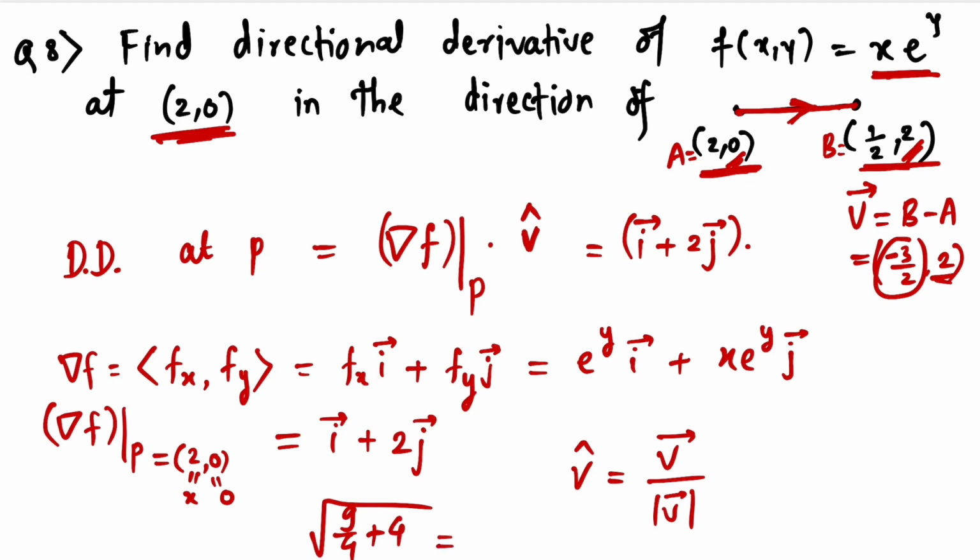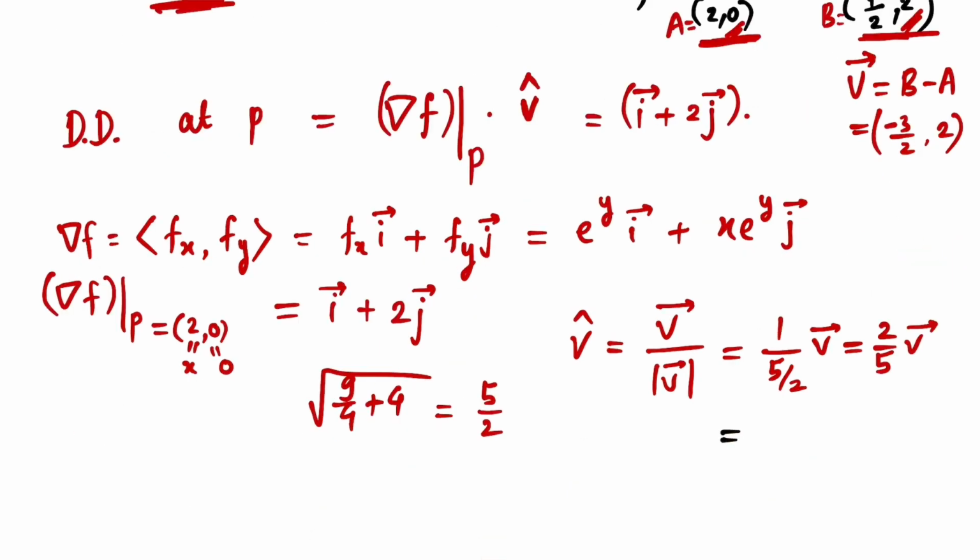So this is equal to 16 plus 9 is 25, divided by 4, under the root. So this is equal to 5/2, right? So this is just equal to 1 upon 5/2 times v, which is 2/5 times the vector v, which is minus 3/2, 2.